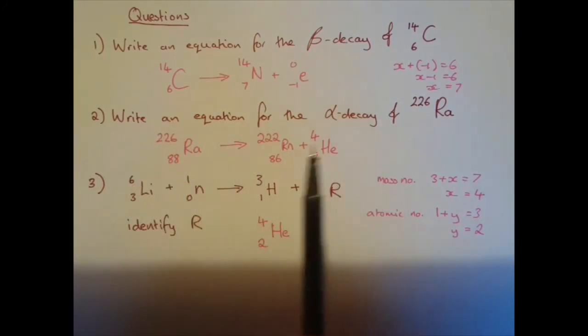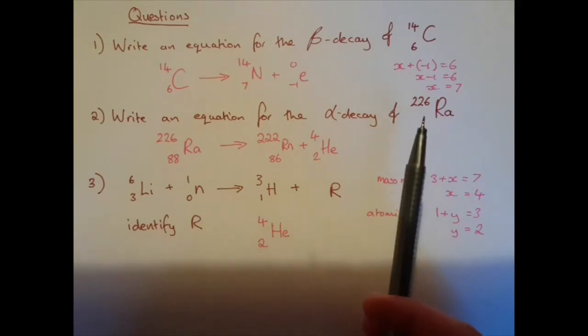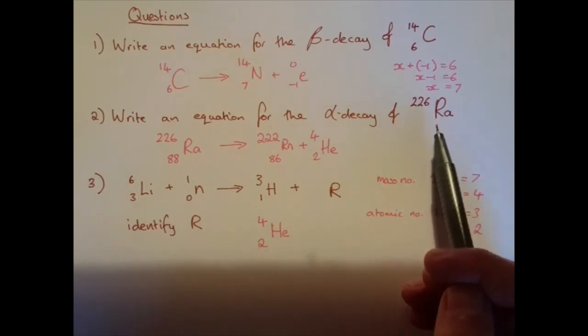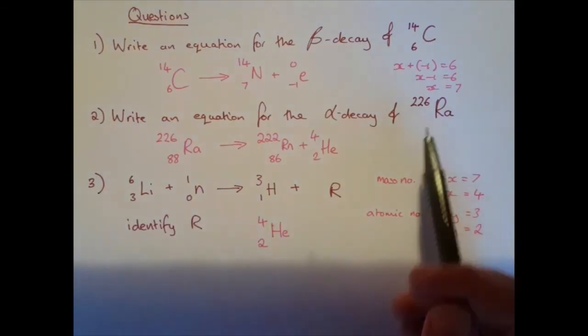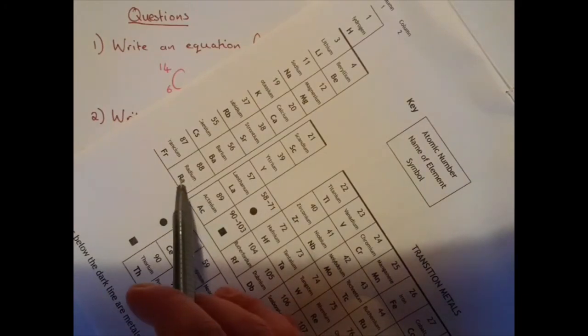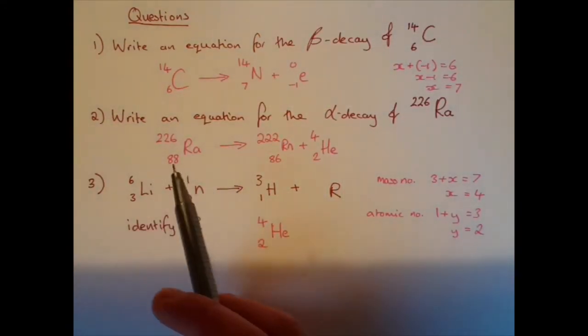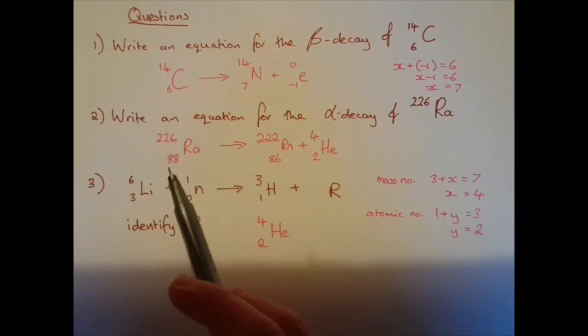Question 2, the alpha decay of radium-226. Now I was a little bit naughty here and I didn't give you the atomic number, but you should have been able to look up the atomic number for radium in the periodic table, so that's where I got the 88 from. So you just find Ra in the periodic table and it's got an atomic number of 88. So when I'm doing my nuclear equation, I've got my mass number and atomic number.